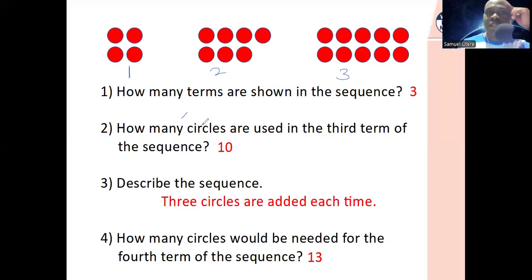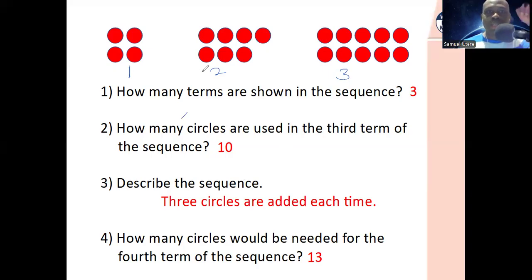And then next we were asked how many circles are used in the third term of the sequence. By now you should know what the third term means. It means these circles here. So there are 10 circles there. Next, you're being asked to describe the sequence. Describe the sequence means say what is making the next diagrams, what is going on.